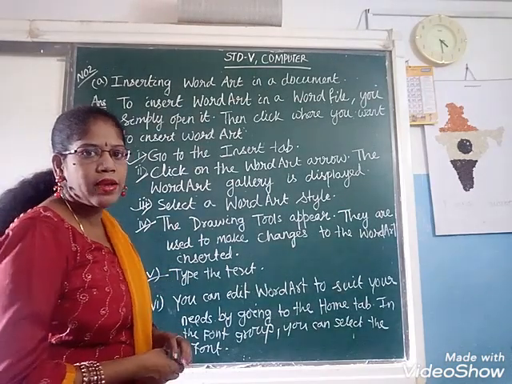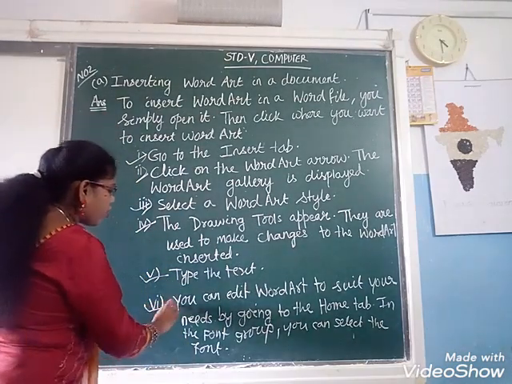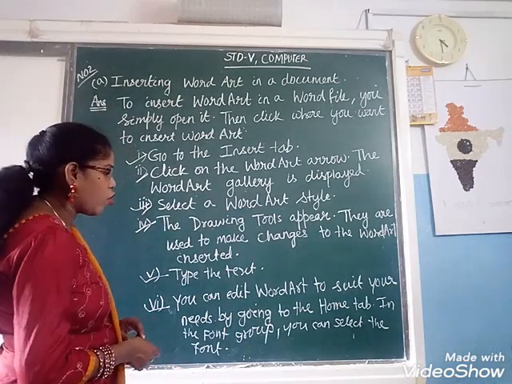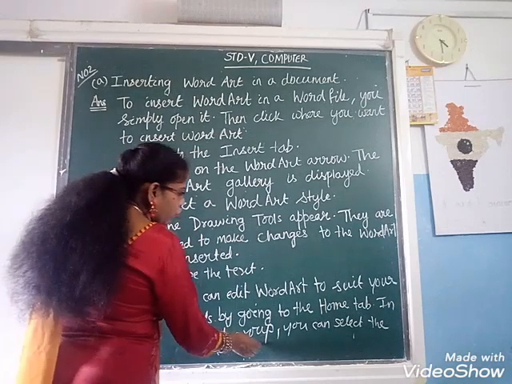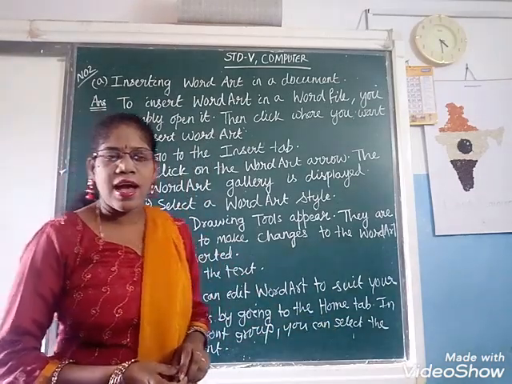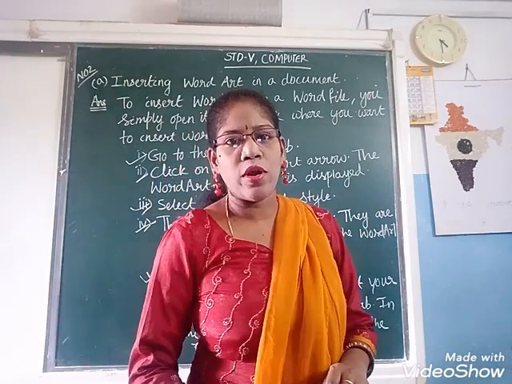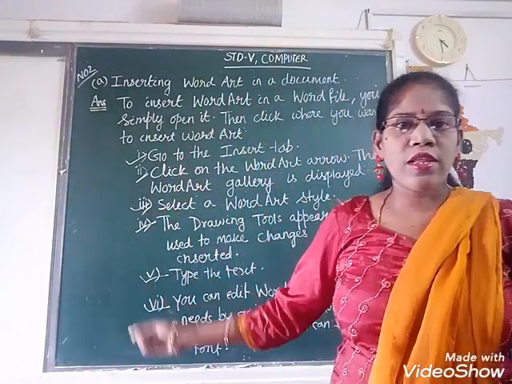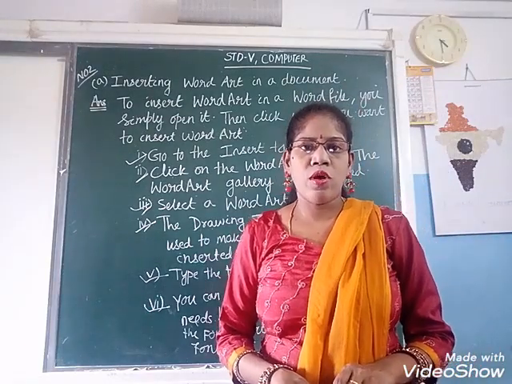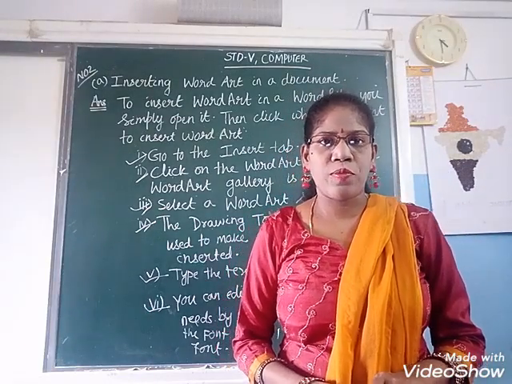Whatever you want to write, you type. You can even edit word art to suit your needs by going to the Home tab. In the font group, you can select the font, style, size, and you can also do bold and italic. So these are the steps how you can insert a word art in your Word file or Word document.